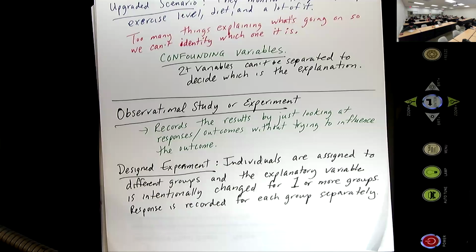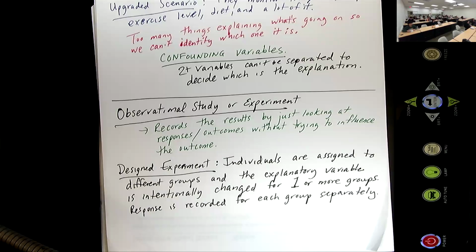A perfect example of this is drug studies, like prescription drug studies. They want to test whether a new drug is going to be good for something. They break people into two groups, a group that actually gets the drug, and a group that doesn't, but gets something that looks, tastes, and smells identical to the drug. When something looks like the drug of choice that you're working with and it's not, it's called a placebo.